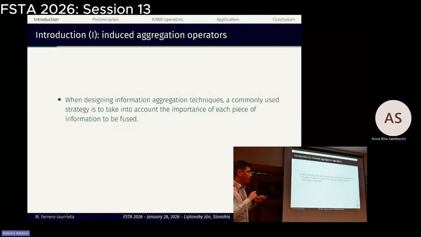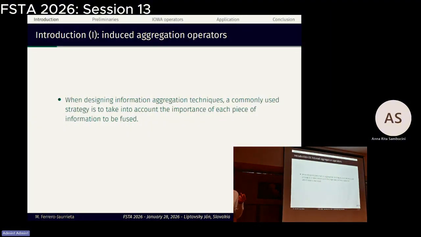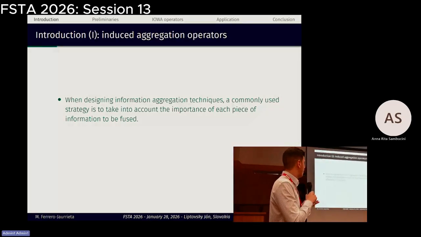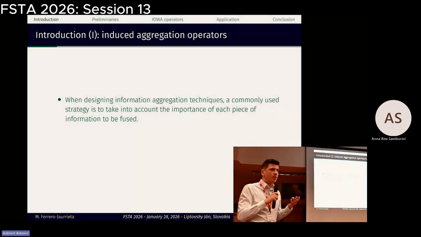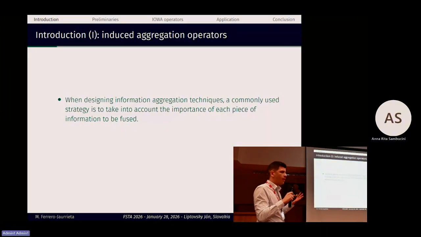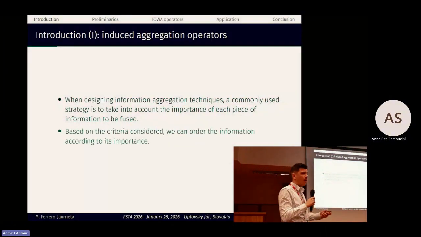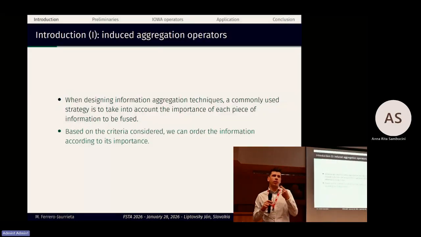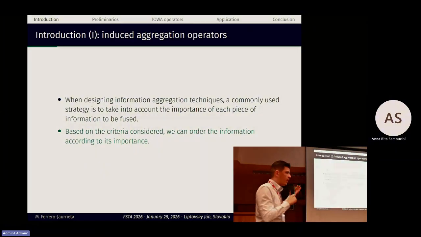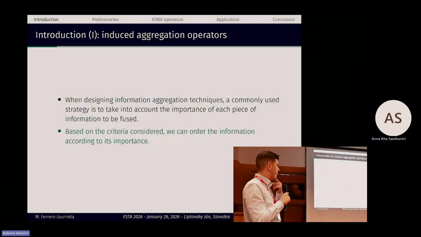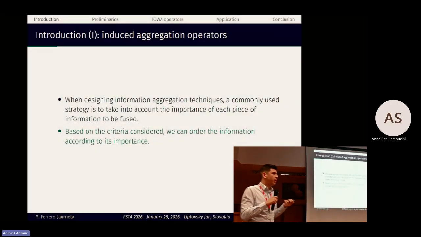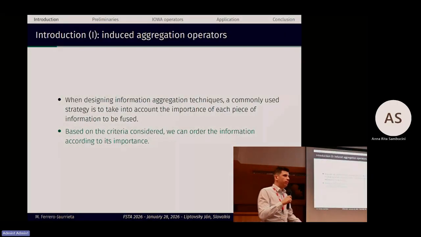When we are designing information aggregation or fusion techniques, a common strategy is to take into account the importance of each piece of information that we are going to fuse. Based on any criteria that we are considering, we can order this information according to some importance.